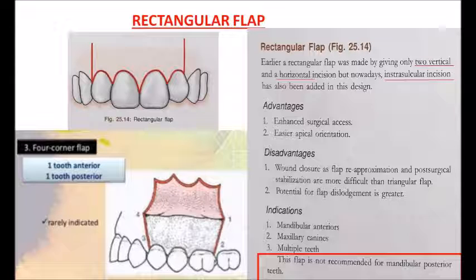Mainly indicated for 1 tooth anterior and 1 tooth posterior cases, that means mainly for the canine regions. This flap is not recommended for mandibular posterior teeth. It is mainly indicated for mandibular anteriors, maxillary canines, and multiple teeth involvement. So mainly for anterior purposes the rectangular flap is recommended.